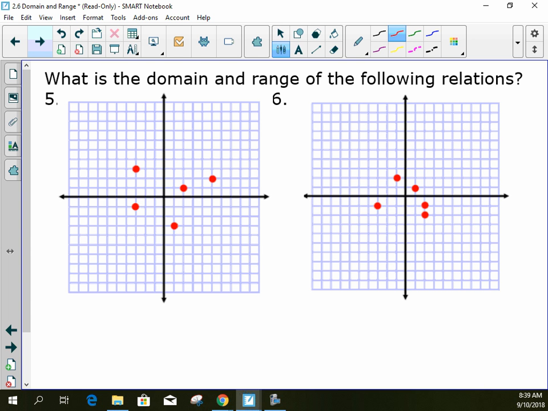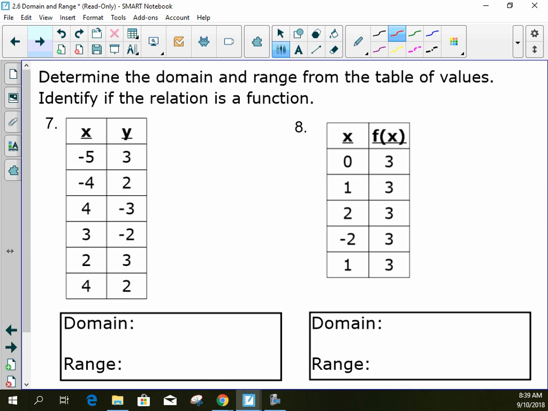This is the same thing. Domain and the range. Well, this is easy. My x is my domain, y is my range. So my domain, got to go smallest to largest. My smallest is -5, then I have -4, so I cross them off.